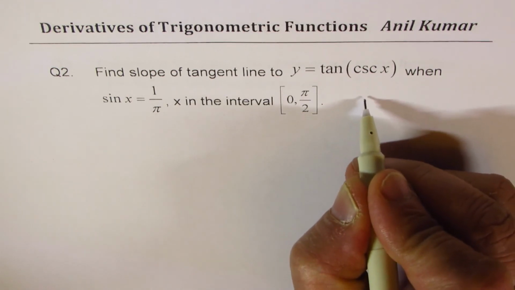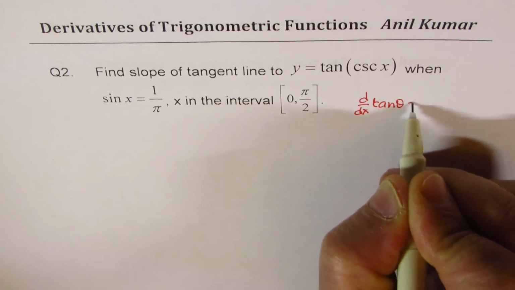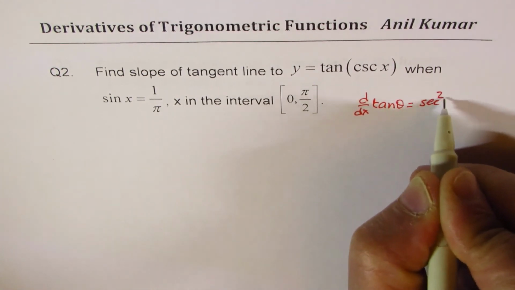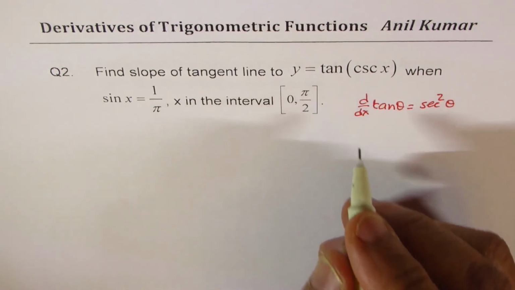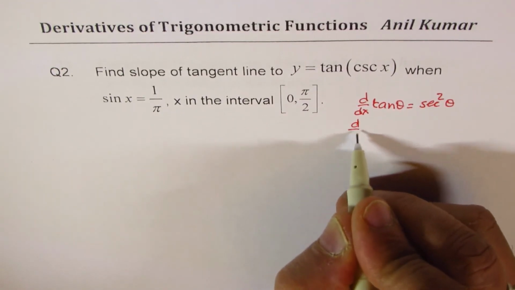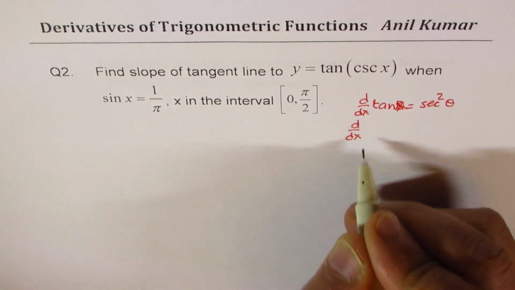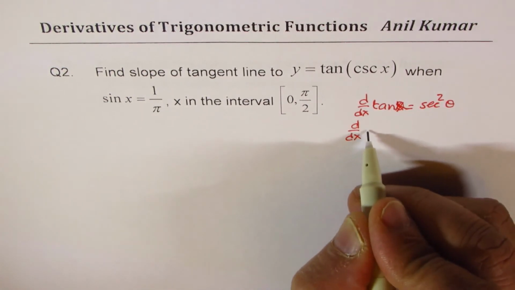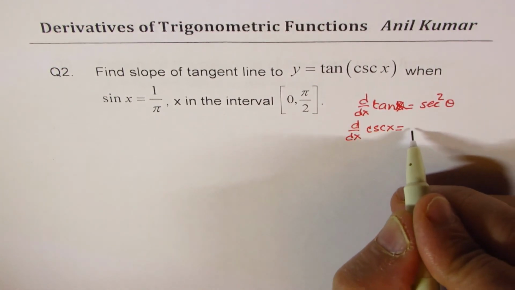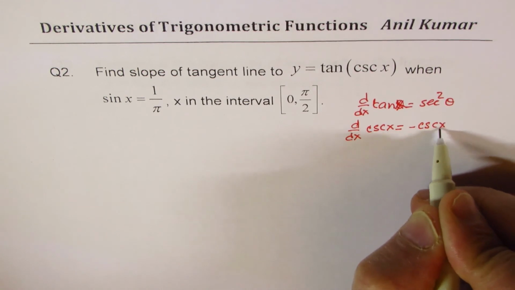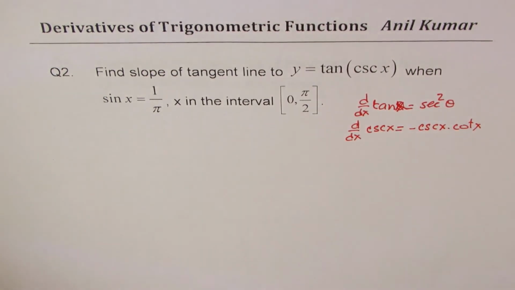So d dx of tan theta equals secant square theta. And you need the derivative of cosecant x also: derivative of cosecant x is equal to minus cosecant x times cot x. Is it okay? So that you should know.